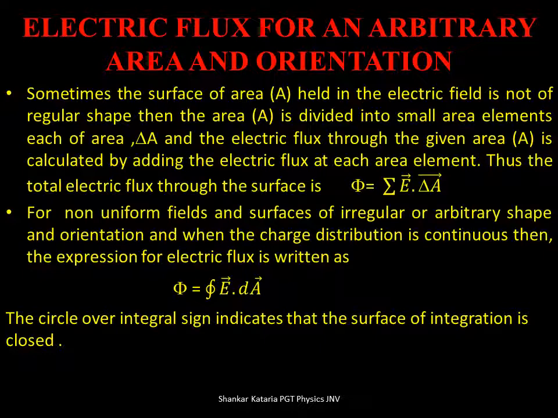In case the field E is non-uniform, we consider a closed surface lying inside that field and divide the whole surface into small area elements, and then we add the flux through each small area element to get the total electric flux associated with that surface.